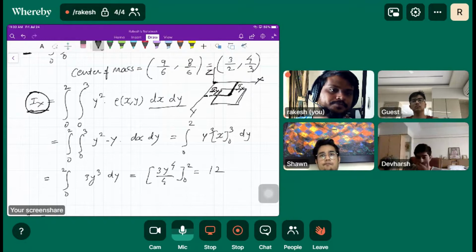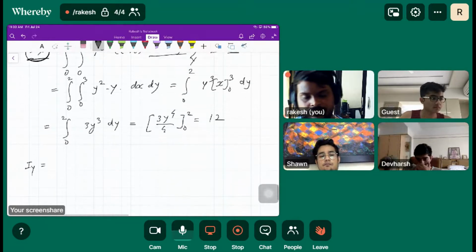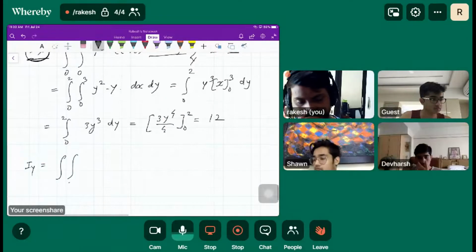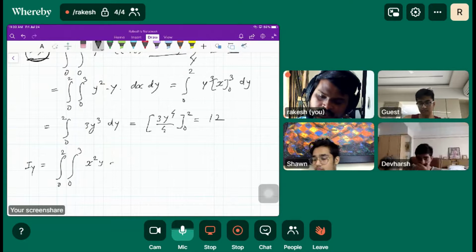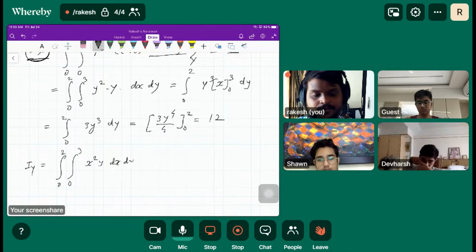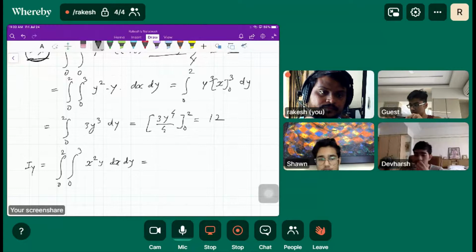So Iy is 0 to 3, 0 to 2, x square y dx dy. Okay, so what is the answer to this? 18.